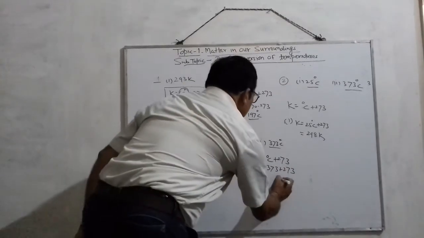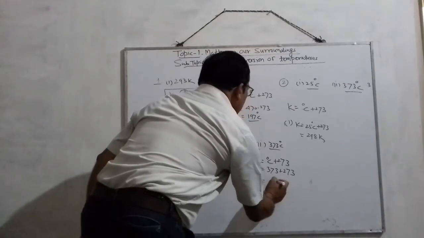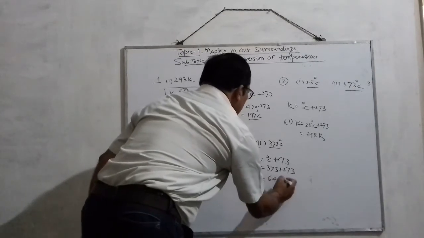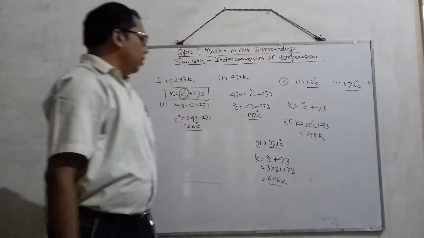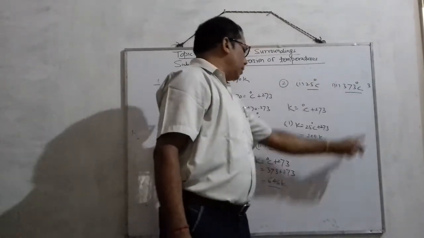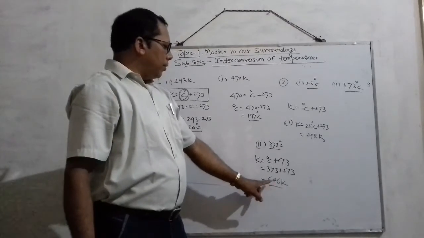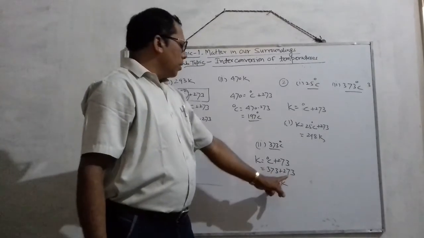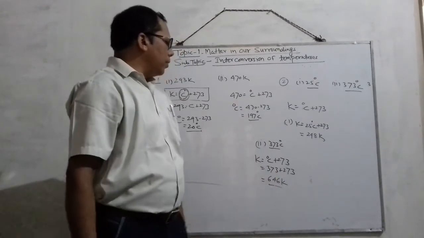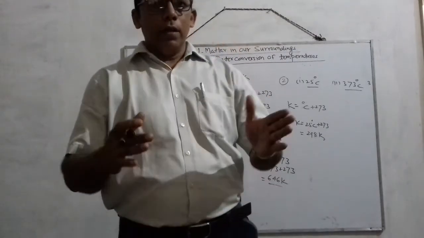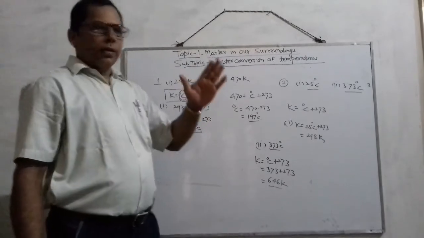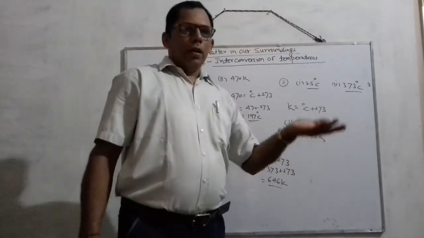Children, it will be 646 Kelvin. So the value of 373 degrees Celsius in Kelvin will be 646 Kelvin. So by using the formula you can get either Celsius or Kelvin.